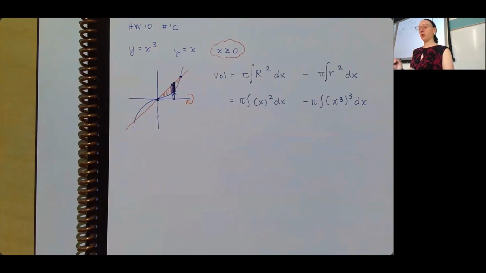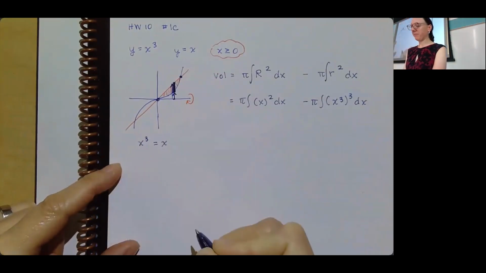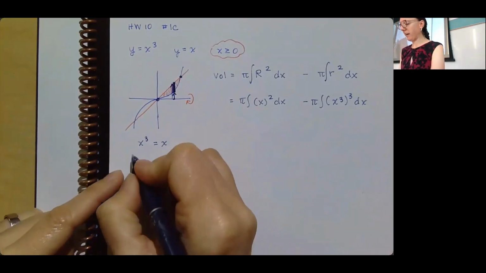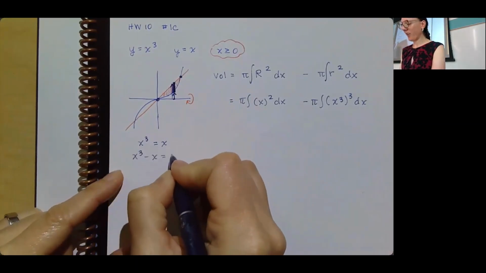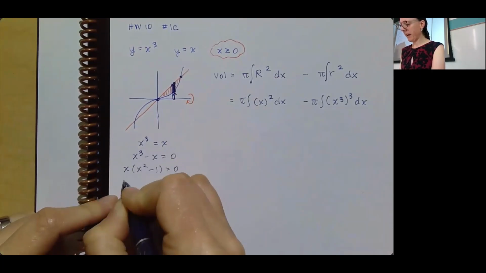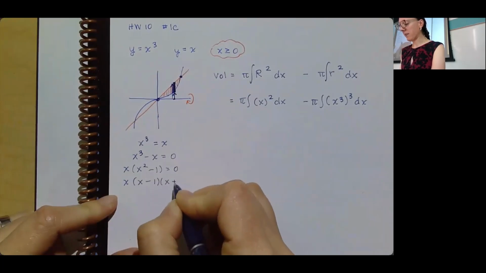But if you wanted to do algebra to find the 0 and 1, I would be setting x cubed equal to x. And personally, I would move everything to one side so that I can factor. And that's where I would get the +1, the -1.